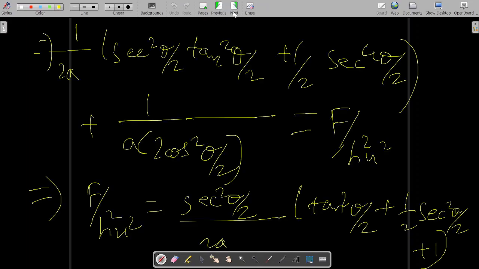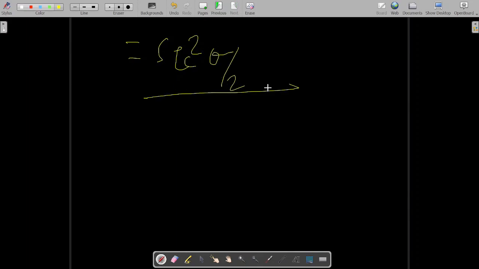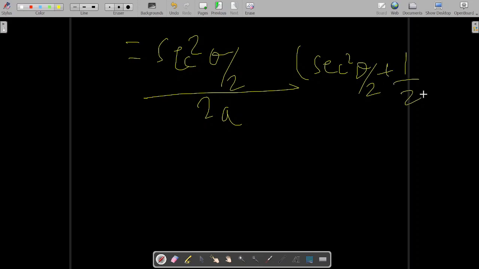So 1 plus tan square theta by 2 will become sec square theta by 2. So that's equal to sec square theta by 2 divided by 2a, okay, into sec square theta by 2 plus half sec square theta by 2, okay.